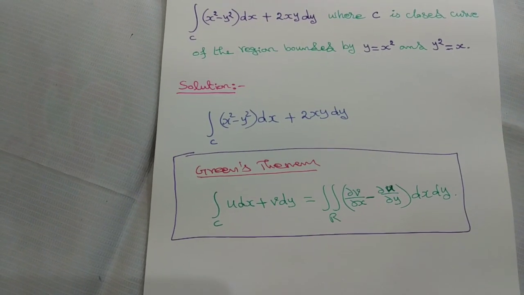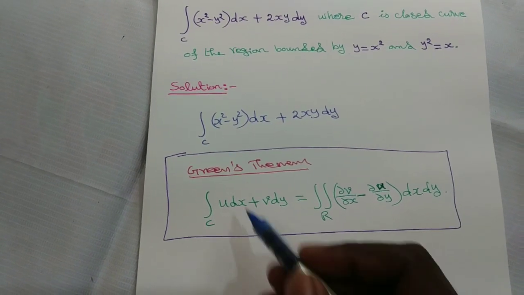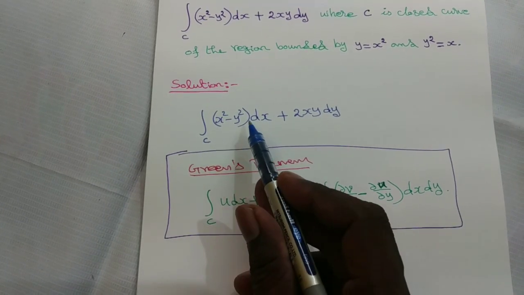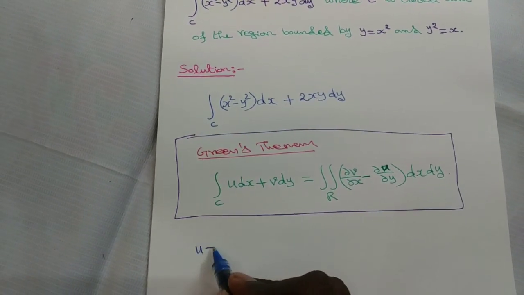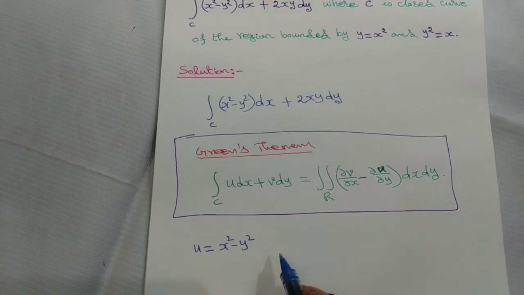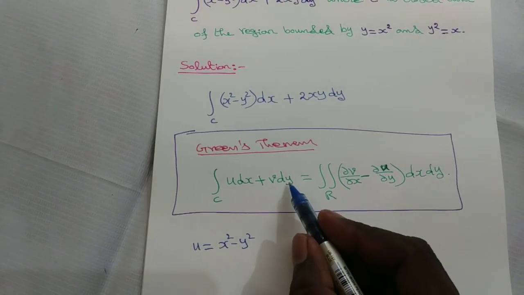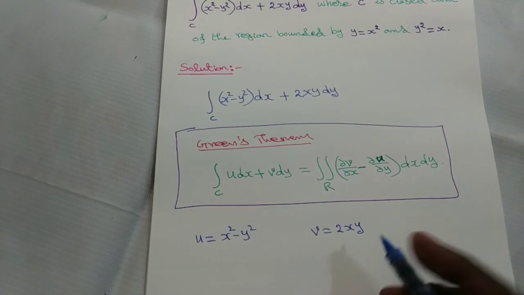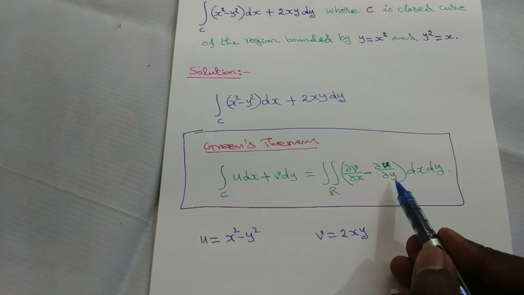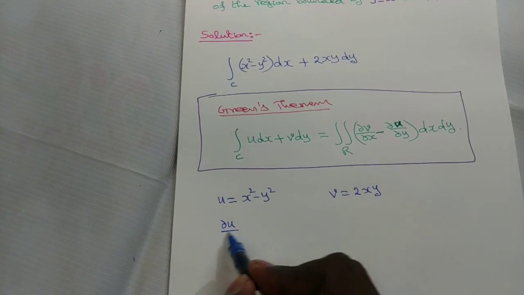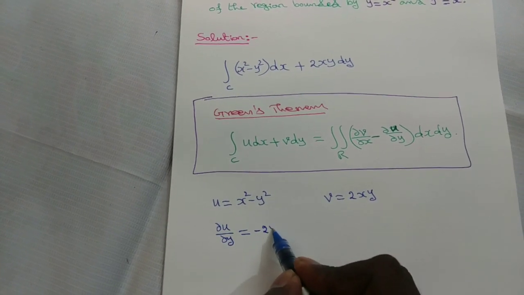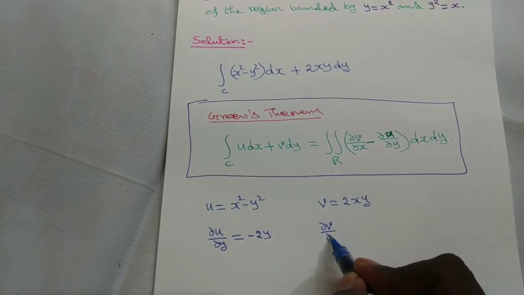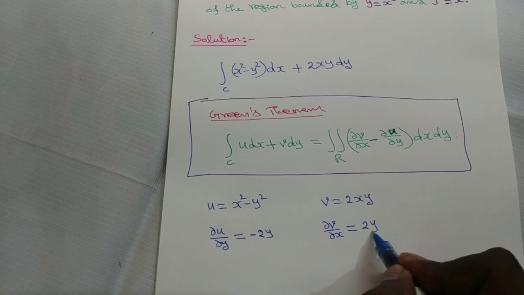Now by comparing these two integrals, on the left-hand side the coefficient of dx is u, and here the coefficient of dx is x² − y². So u is x² − y², and v is the dy coefficient, so v is equal to 2xy. From this I want ∂v/∂x and ∂u/∂y. ∂u/∂y is −2y, and ∂v/∂x is 2y.